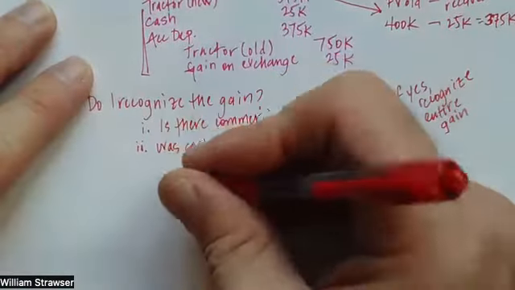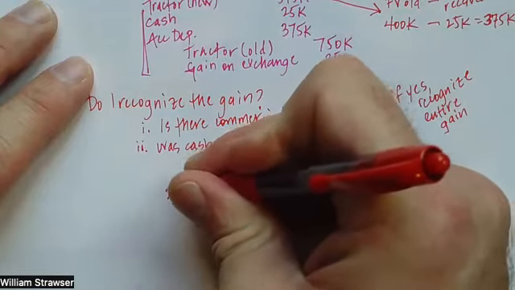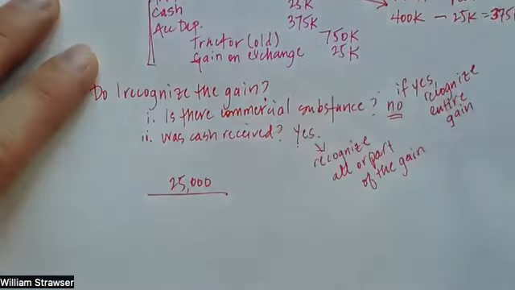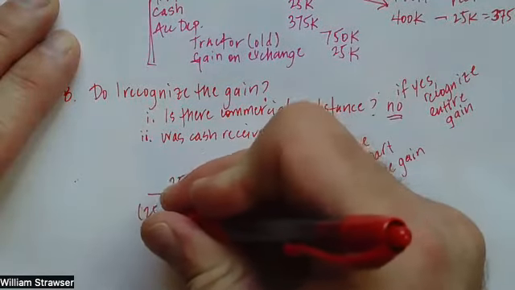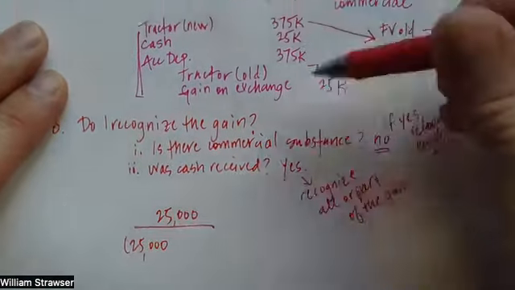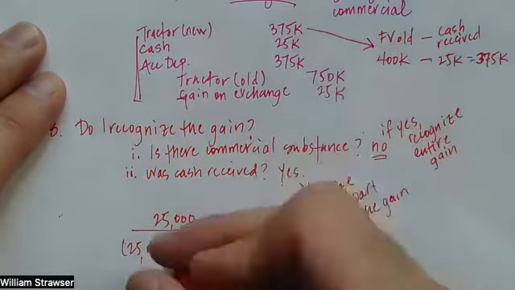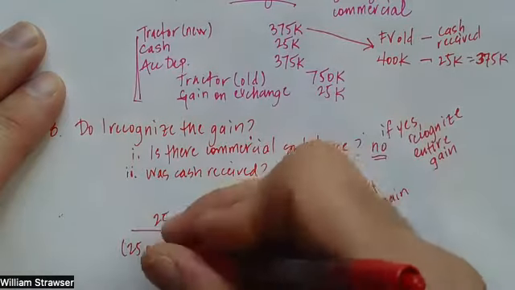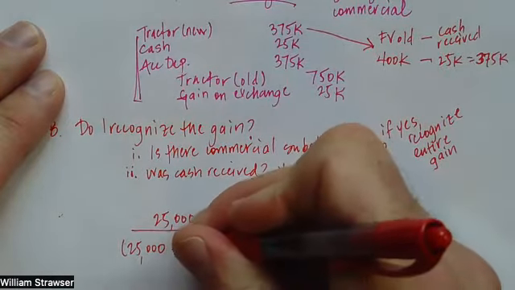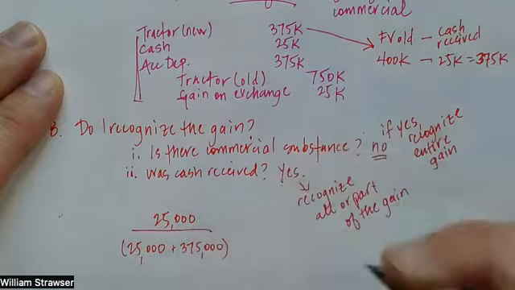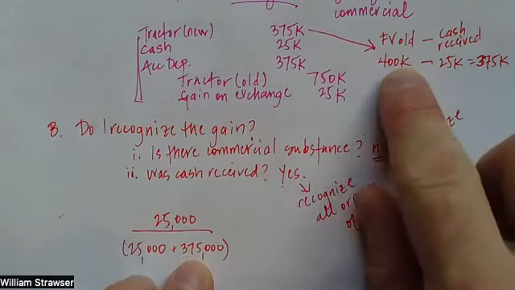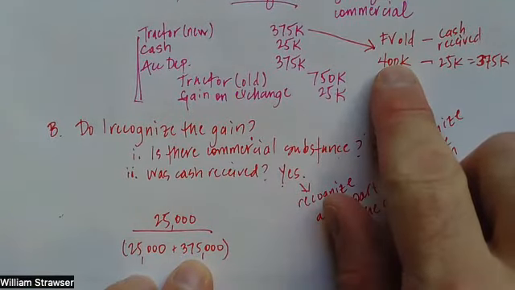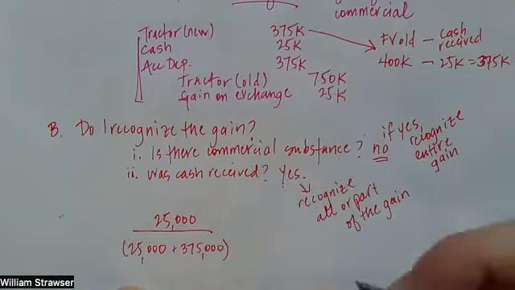I had $25,000 of cash that was received, but I received not only the cash, I also received a tractor that I ultimately will value at $375,000. So if I got in total $400,000 of stuff, which is related to the fair value of what I gave up, then what proportion of that amount is the $25,000?